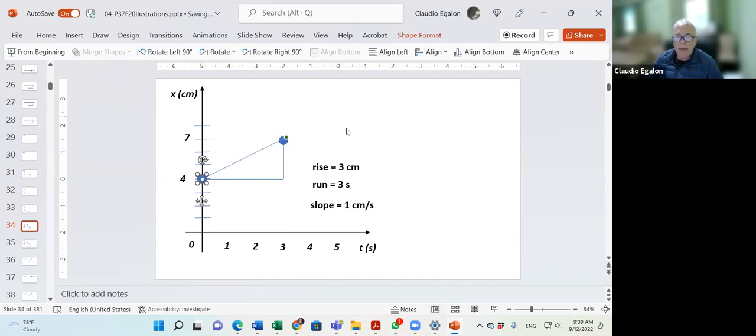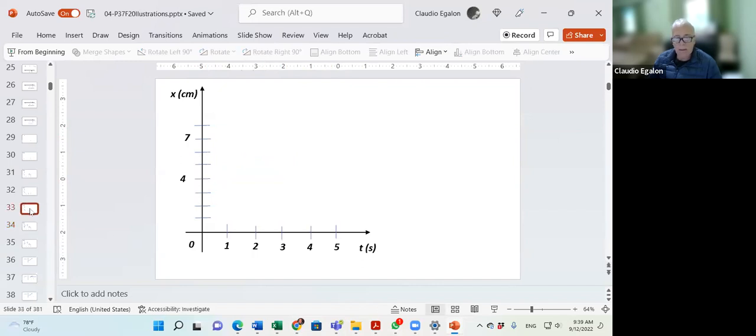We plot our initial and final positions on this graph. Right here. Here you go.